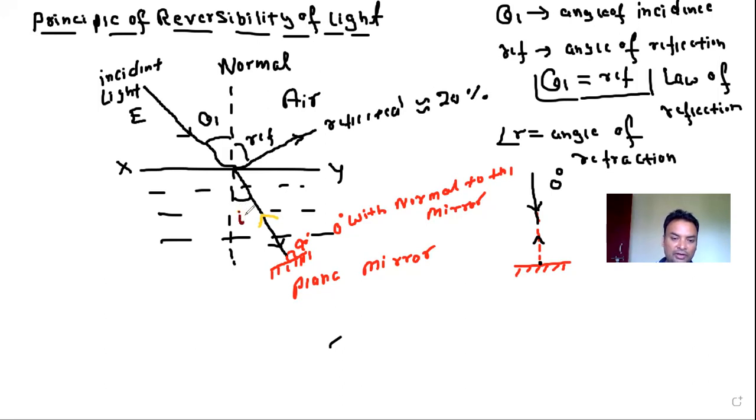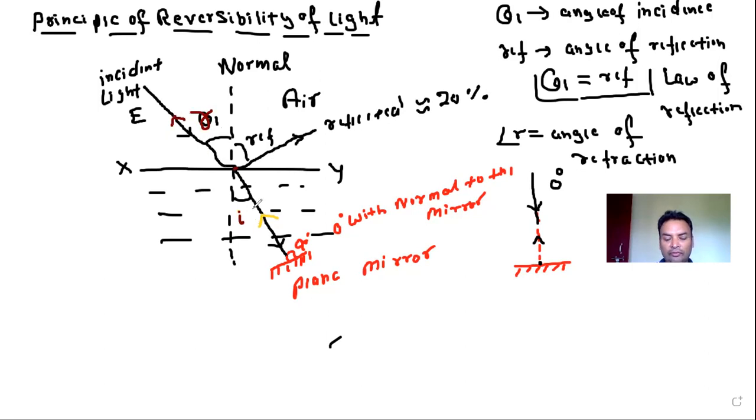I can take it as I, angle of incidence. And now at this point, the light ray will go back by the same path, so this will become the angle of refraction.